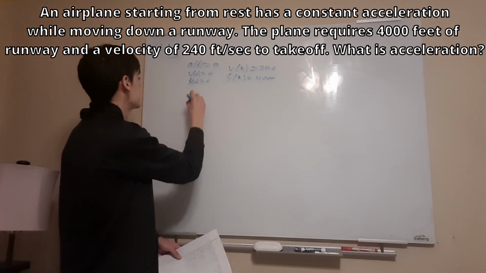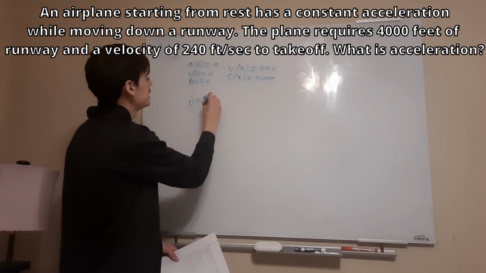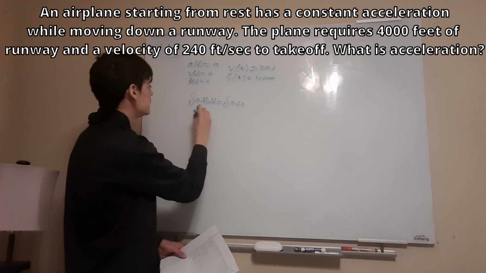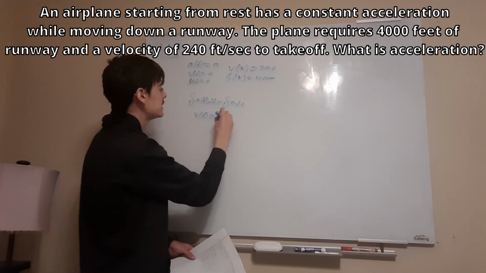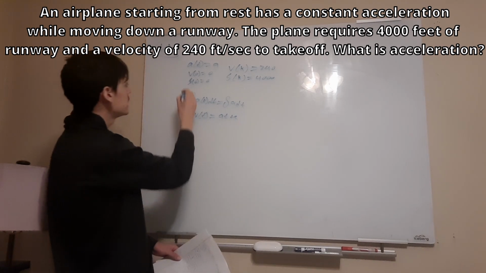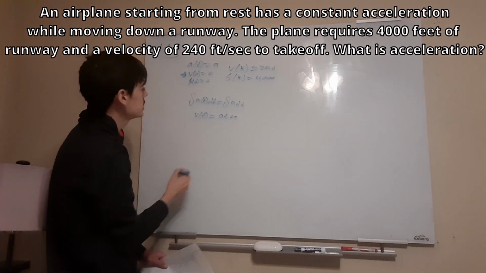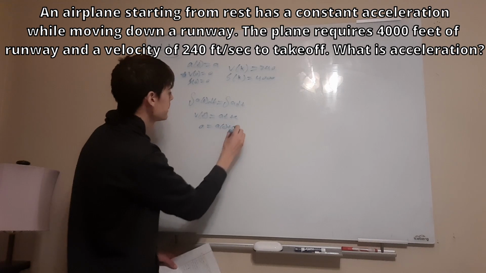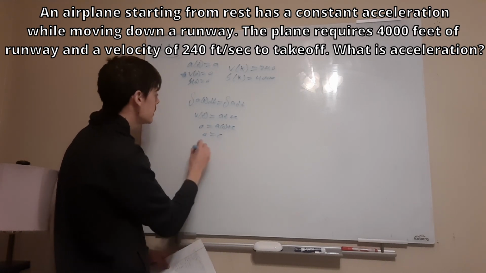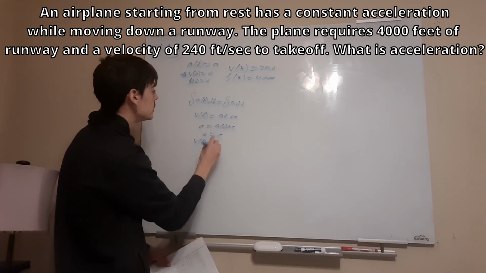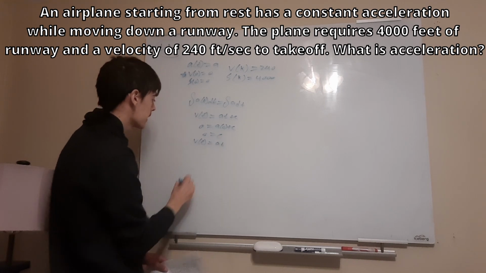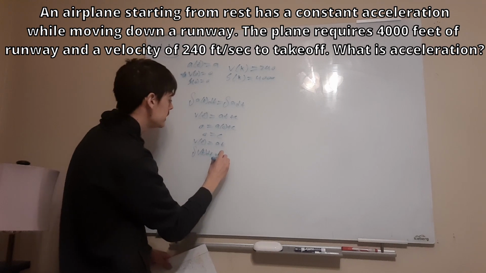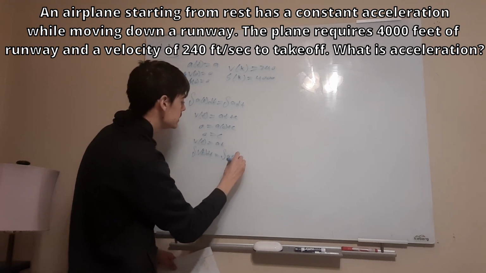So, we're going to integrate a of t dt equals the integral of a dt. That will give us v of t equals at plus c. We can now use this first velocity value input. We will get 0 equals a times 0 plus c, and that will just tell us c equals 0. So, v of t equals at. Now integrating both sides of this equation, you'll get integral of v of t equals the integral of at dt.